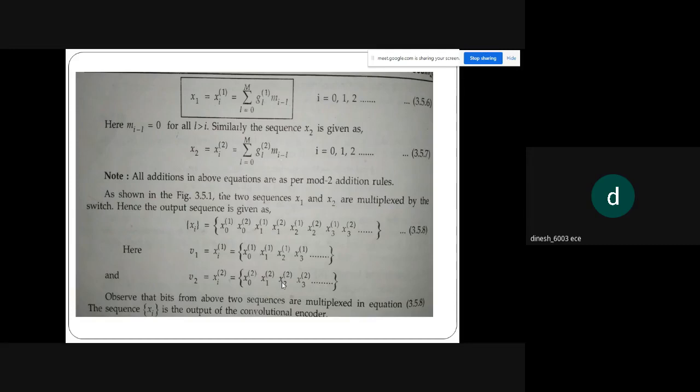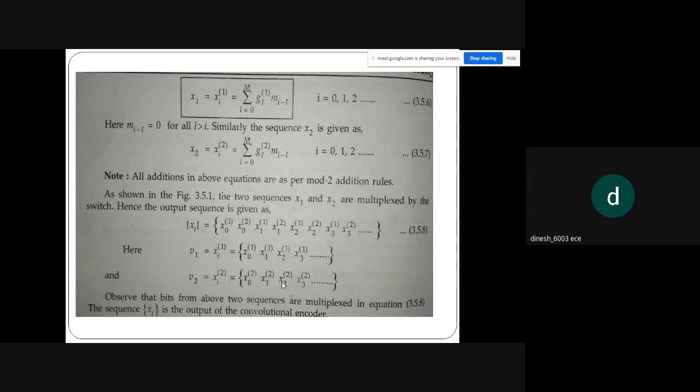So next, for these two sequences x1 and x2, which are multiplexed by a switch, the output sequence x of i can be given as x naught of 1, x naught of 2, x1 of 1, x1 of 2, x2 of 1, x2 of 2, x3 of 1, x3 of 2 until it goes on.